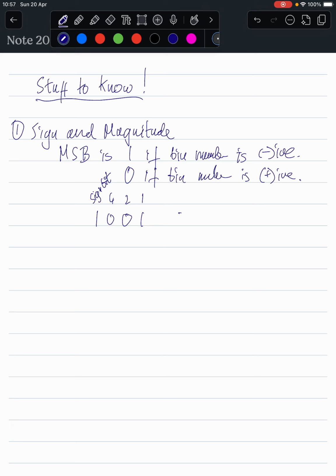So this would be negative 1. And then if you had 0, 0, 0, 1, that would be positive 1. Okay? So that is how sign and magnitude works.